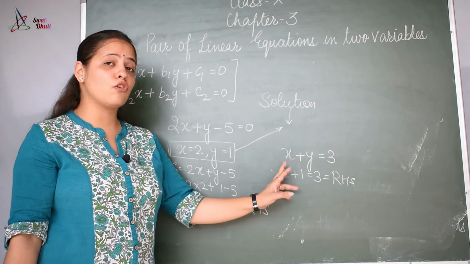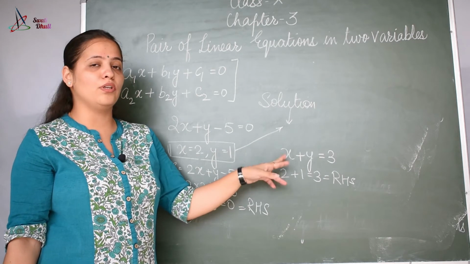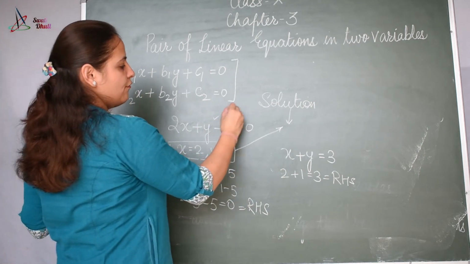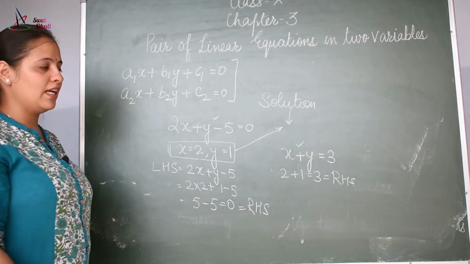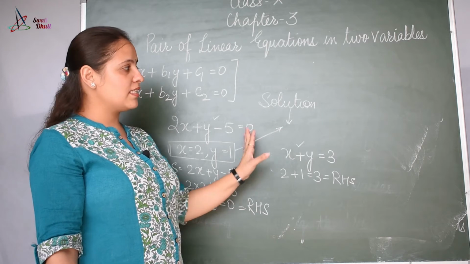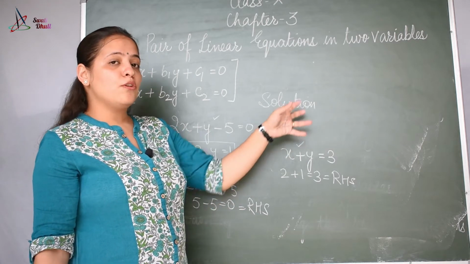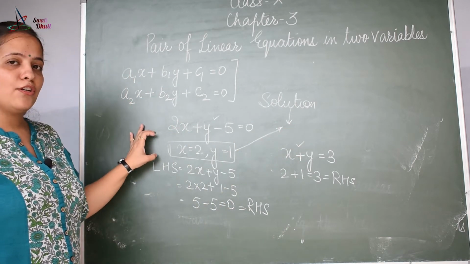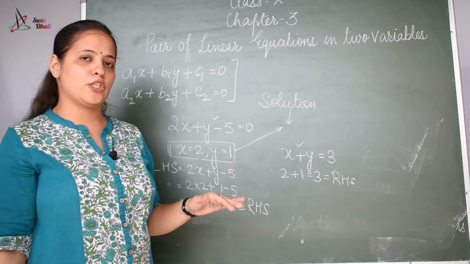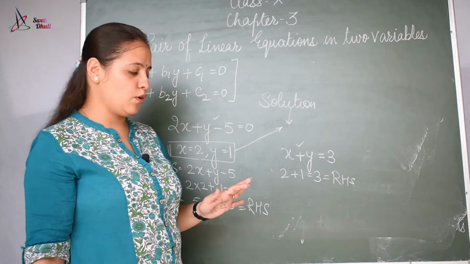That means this is the common solution for these two linear equations. Now suppose if I draw a graph for this and this equation, we'll get the common solution as 2 and 1. So this is what solution means, that is the value of x and y which satisfies the given equation is the solution of the given equation.